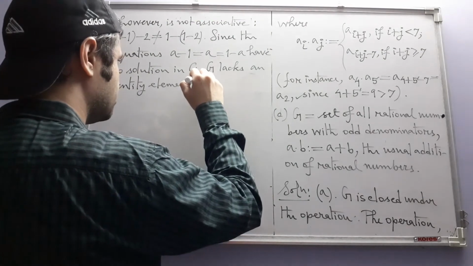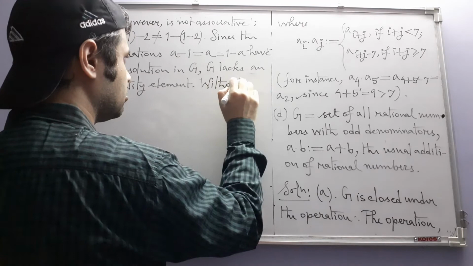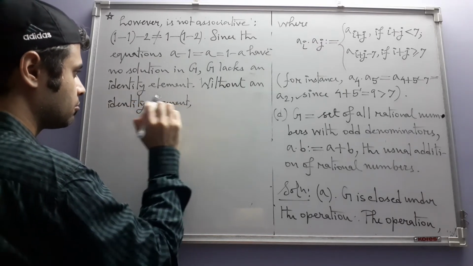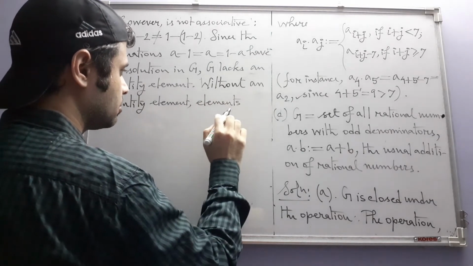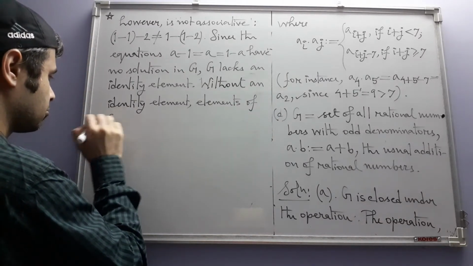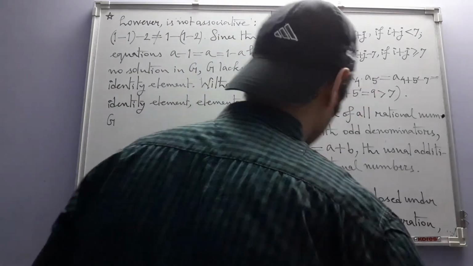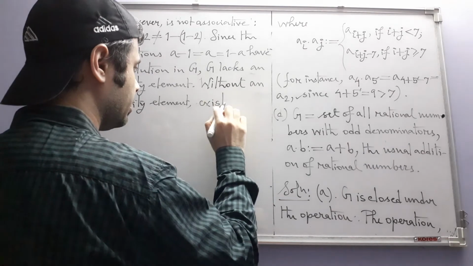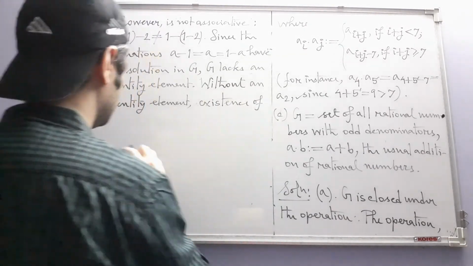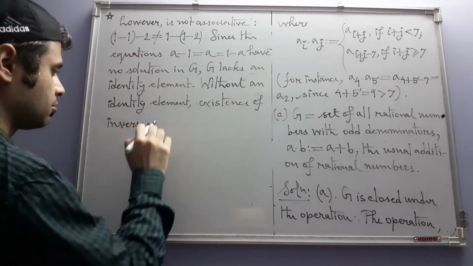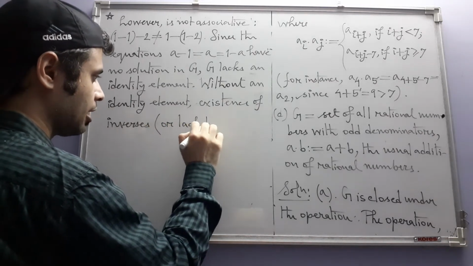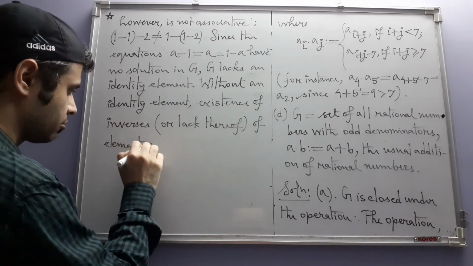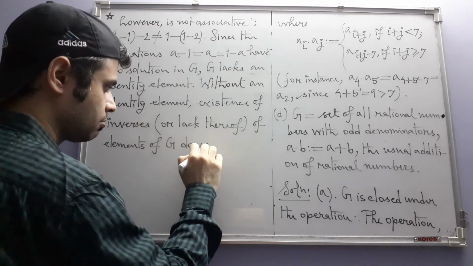And we are going to mention that like this. Without an identity element, the existence of inverses, or lack thereof, of elements of G does not make sense.